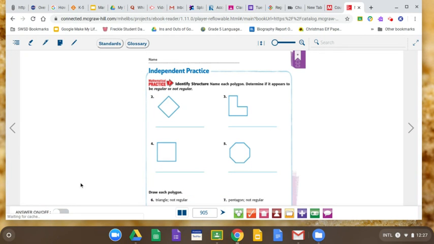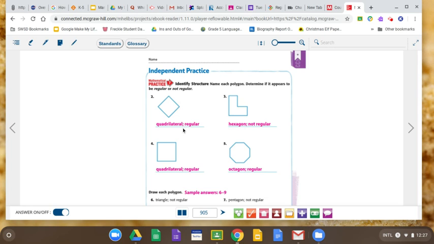All right, let me put it back on. So here are the answers for this one. Just so you guys are aware, this one here would be considered a quadrilateral, because it's a four-sided figure, and it's a regular polygon.